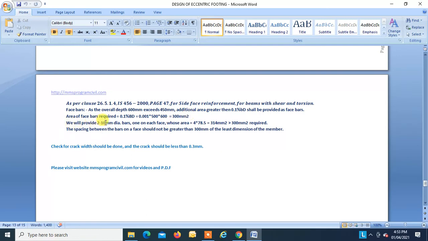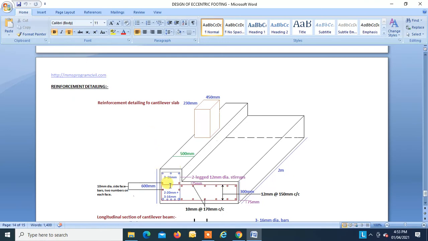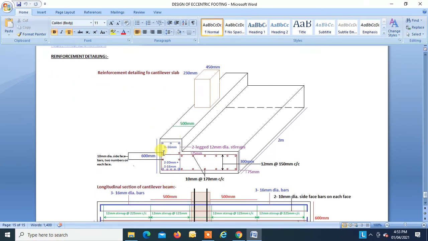So we will provide two 10 mm dia bars on each face. Let me show you. Two 10 mm dia bars on this face, two 10 mm dia bars on this face. So total we are providing four 10 mm dia bars.